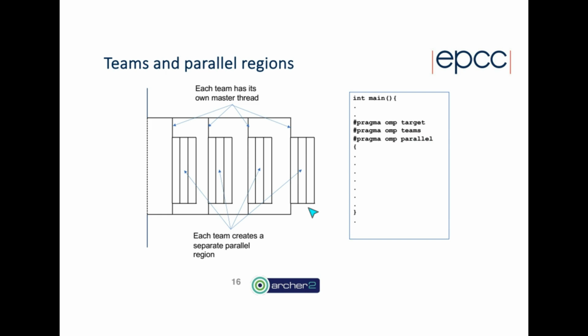So each team will create its own separate parallel region. The idea is clearly that different teams will get mapped to different SMs, and within an SM, the parallel region will spawn the threads that are going to execute inside that SM.